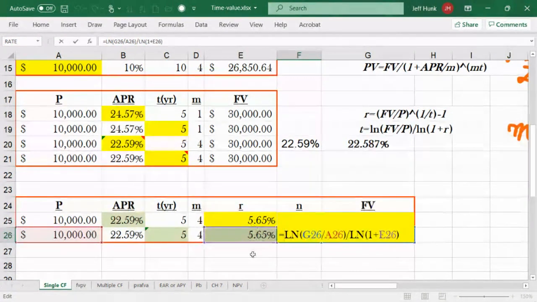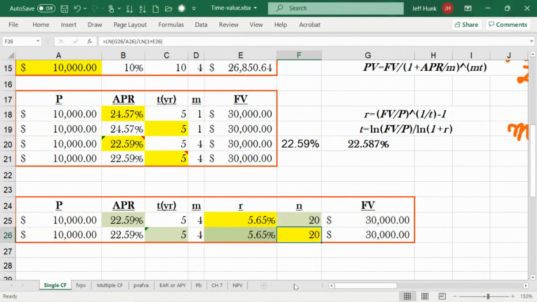You have to always use the periodic rate. As long as you use the periodic rate, you will get n. If you get n, then you will convert it into years, right? Unless the problem was asking how many quarters it will take. But the question will most likely be asking how many years it will take.